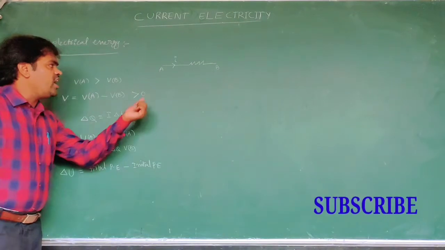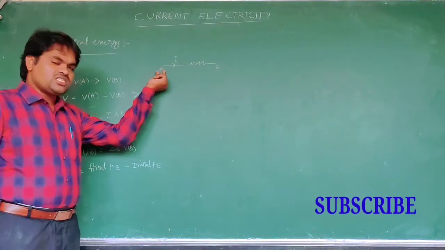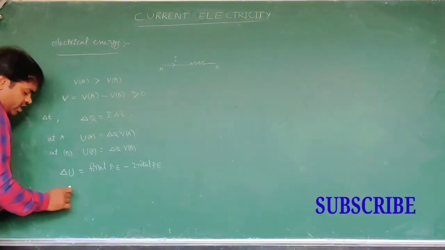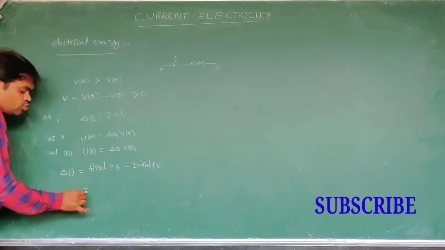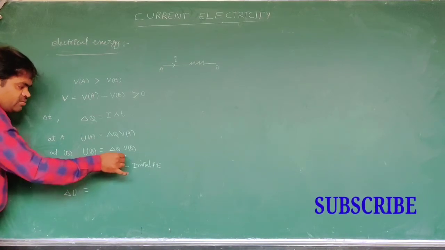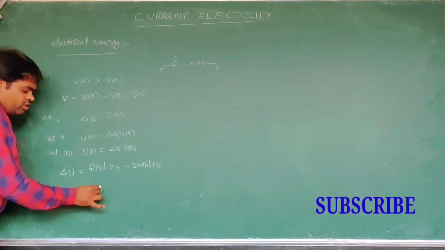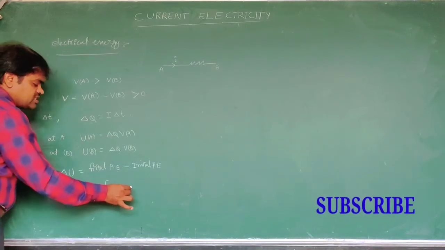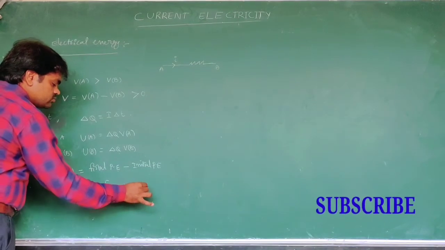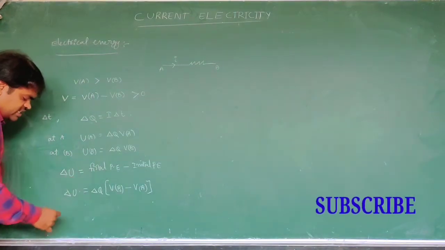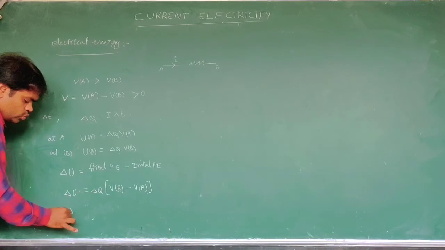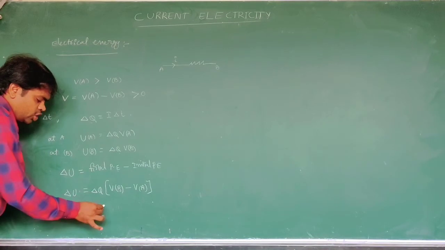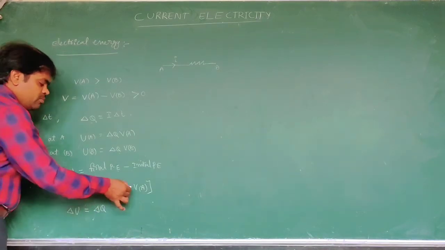Here final means point B and initial means point A. So delta U is equal to the potential energy at B minus the potential energy at A. Delta Q is common in both terms, so we write directly delta U equals delta Q into V of B minus V of A.